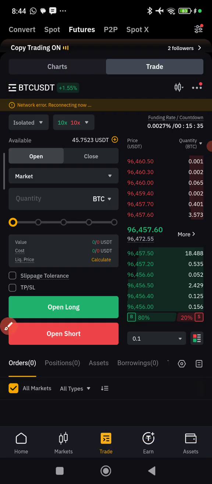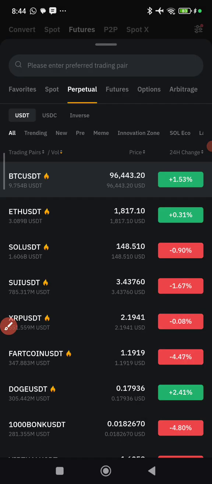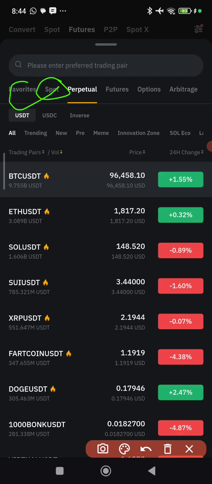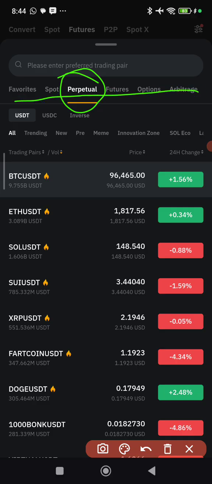Click that currency and a lot of currencies will come out. Remember, if you're on Spot or whatever here, make sure you choose Perpetual. On the second line here, make sure you are on USDT Perpetual. Click both of them and make sure both are highlighted.